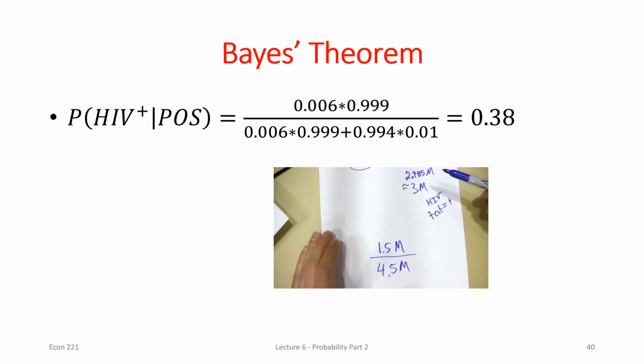And that's because of these false positives. 1% doesn't sound like a lot, but if the majority of the country doesn't have the disease, 99.4% of people, 1% false positives will be a large number of people, right? 1% of 300 million is going to end up being larger than 100% of 300 million, right? So it just ends up being the way that the numbers work out here.